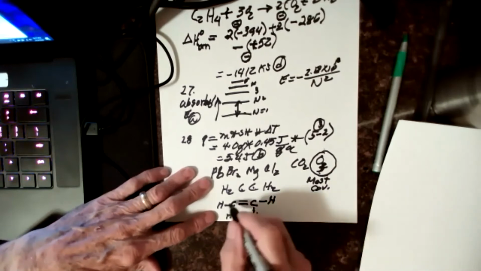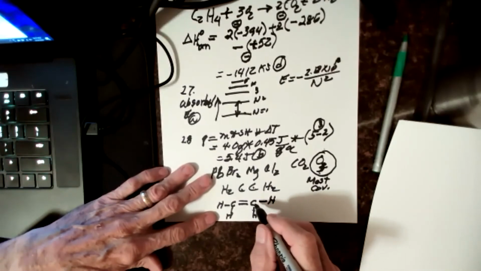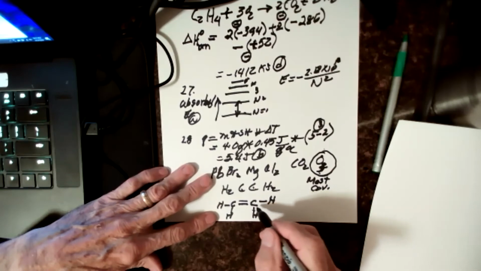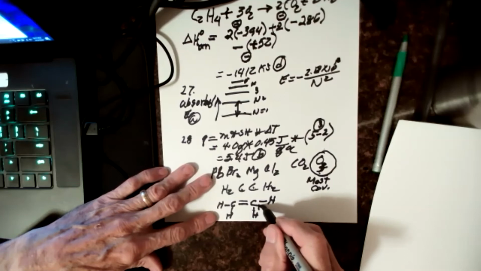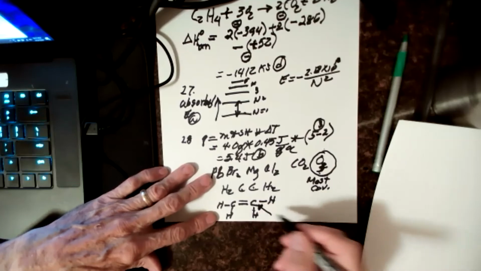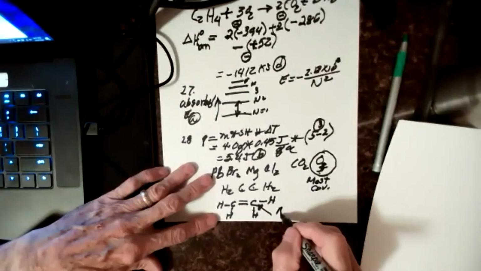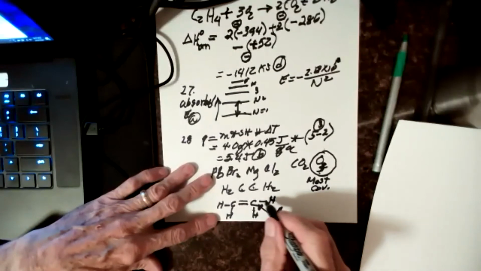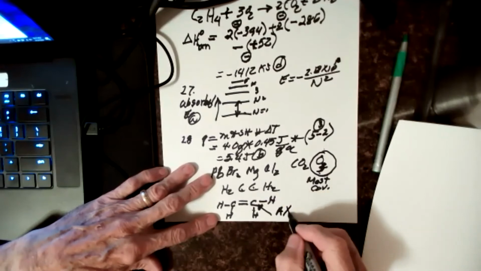Now, we want the bond angle around the carbons. So let's focus our attention on that carbon. The other one will be the same. What is its VSEPR notation? Well, it would be A, and then how many atoms does it have attached to it? 1, 2, 3. It's AX3.